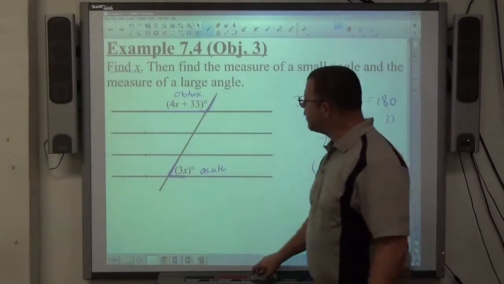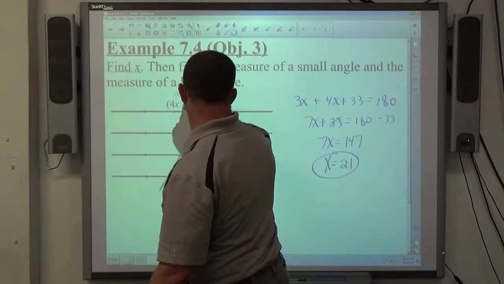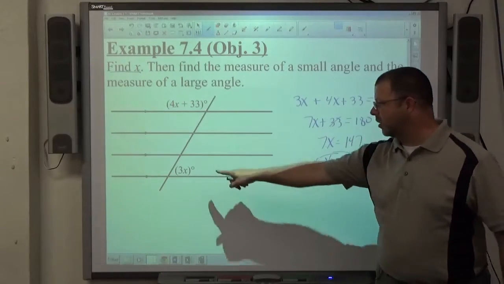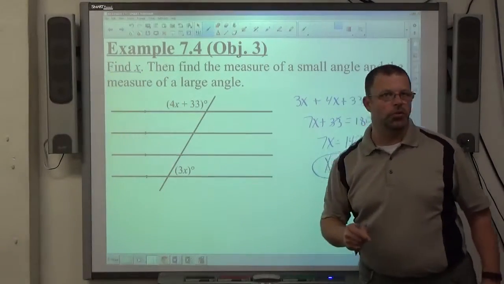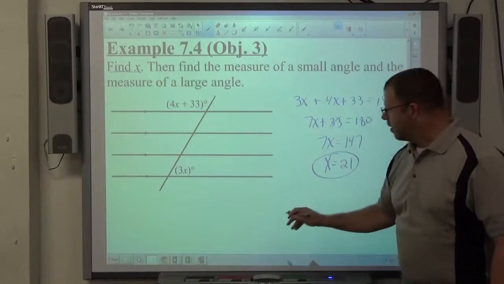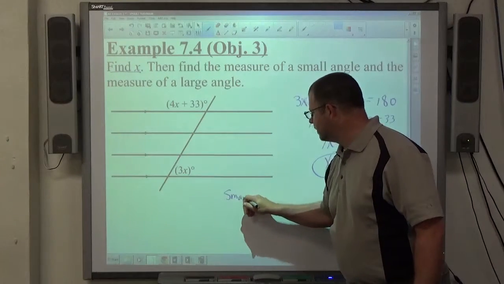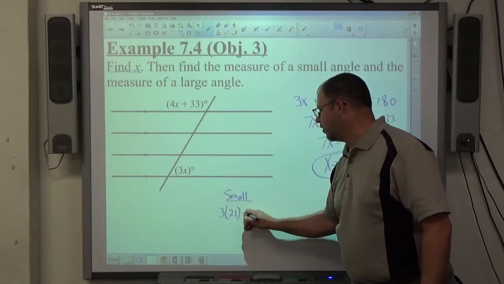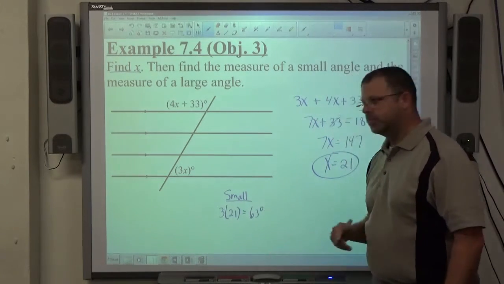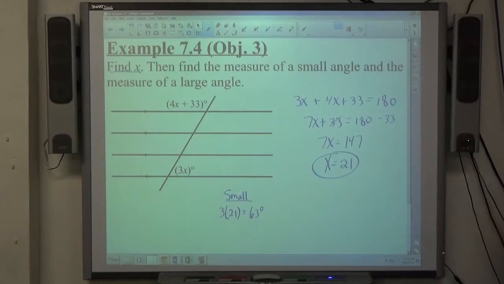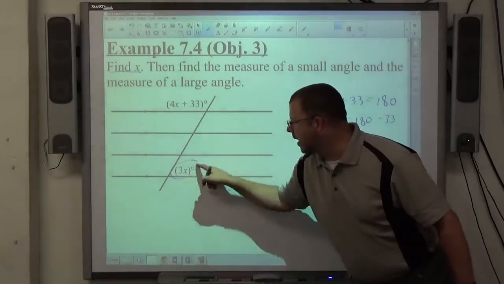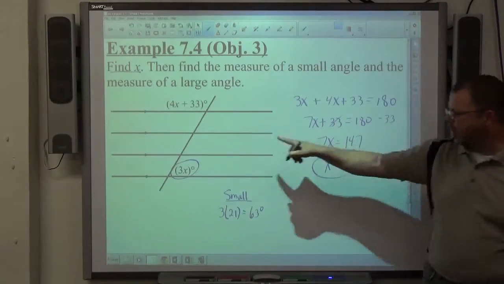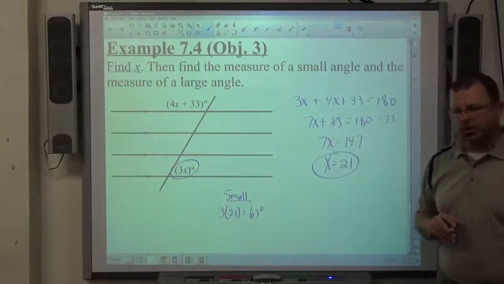Then it says find the measure of a small angle and a large angle. The small angle is the acute, the large angle is the obtuse. So, small angle: 3 times 21 is equal to 63 degrees. My small angle is right here, 3x. x equals 21, 3 times 21 equals 63.